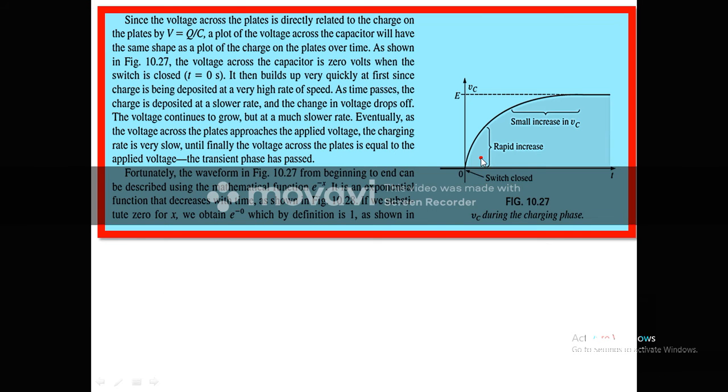As we can see in this charging phase, the charging is very rapid at the start, and it then slows down later on. But as we get V across the capacitor equal to E, the source voltage, there will be no current flowing and no further voltage will be developed across the capacitor.